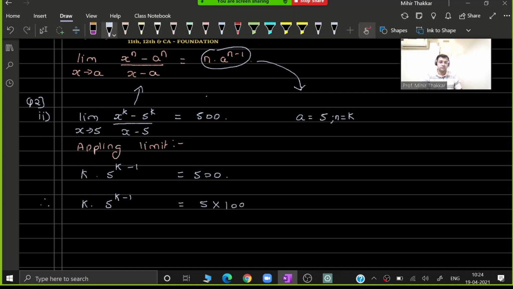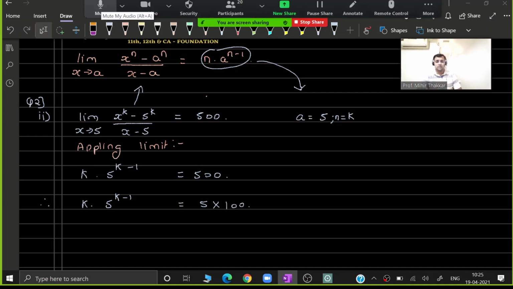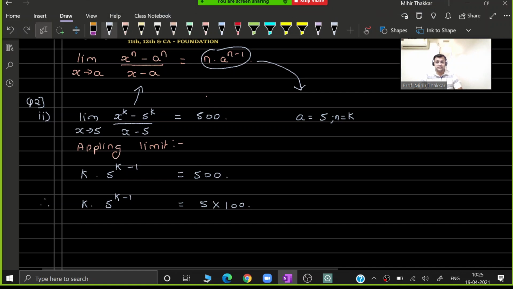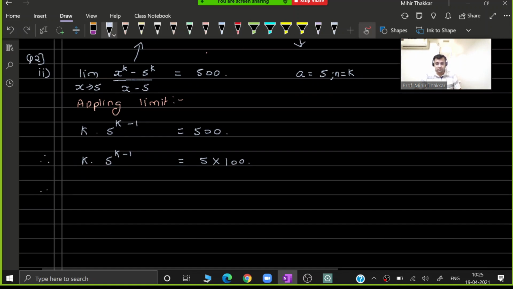5 into 100. Okay. So then what we can do over here is I have to adjust these elements in the terms of power of 5. So how do I do it? Let us understand this. Just leave this k into 5 to the power k minus 1 as it is. This 5, let it be as it is, and 100 can be written as 25 into 4.